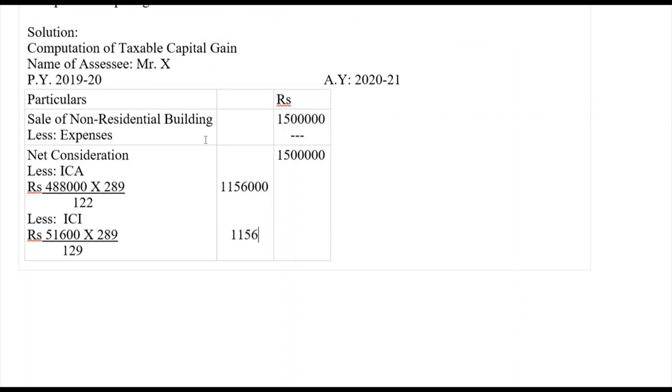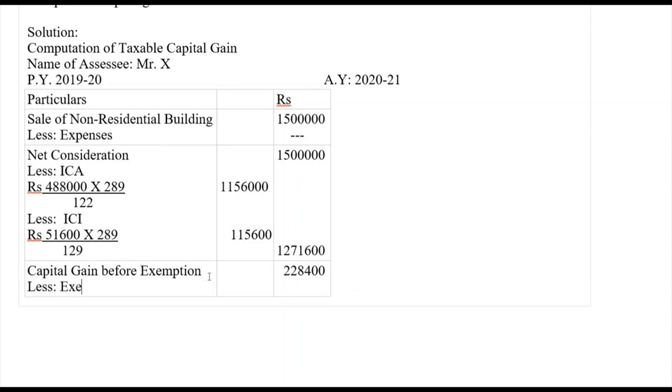When you take the sum of this, that comes to rupees 12,71,600. The difference here is the capital gain before exemption, which comes to rupees 2,28,400.